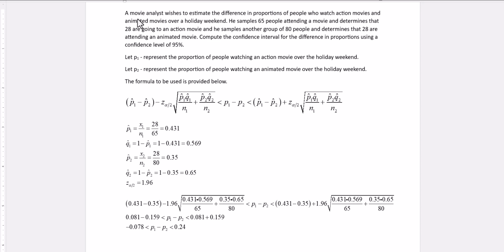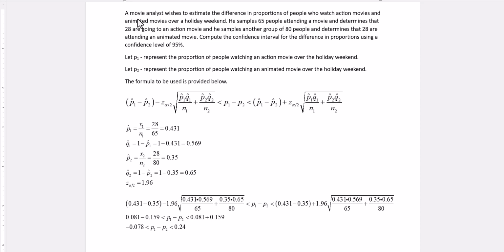He samples 65 people attending a movie and determines that 28 are going to an action movie. And he samples another group of 80 people and determines that 28 are attending an animated movie.